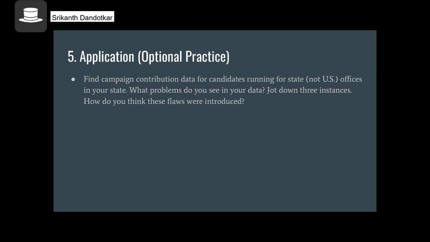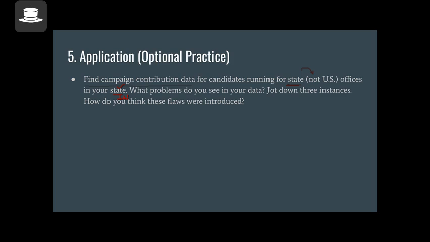This is an optional exercise. The assignment is to find campaign contribution data for candidates running for state-level offices in your state, not the US level. Most of you are in Indiana, so Indiana.